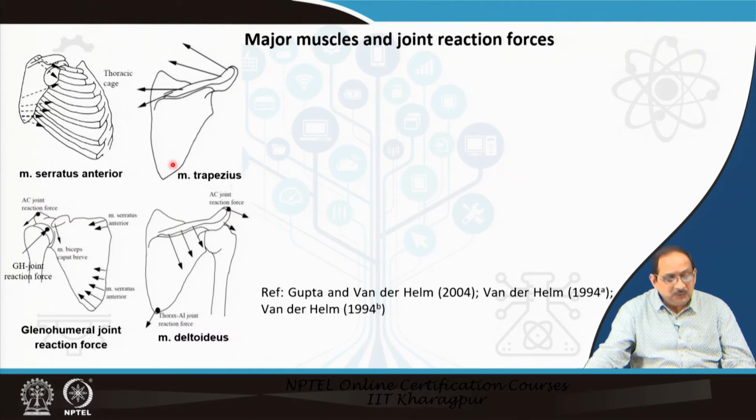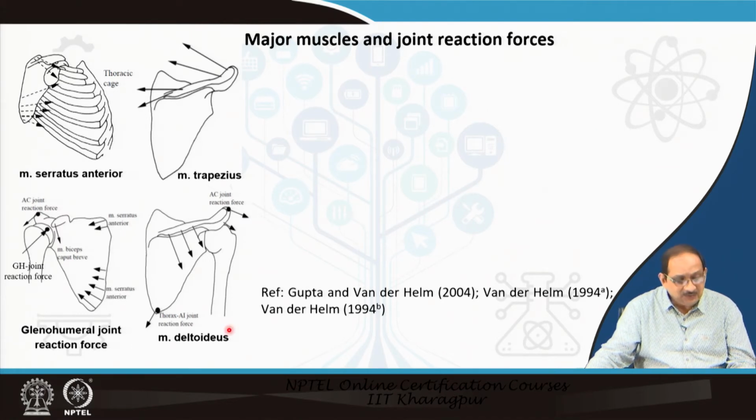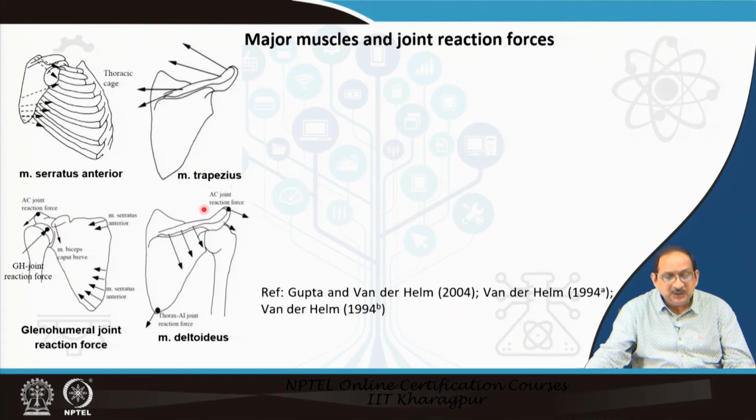Now, let us come to the action of two very important muscles, trapezius and deltoid. Each of these muscles is represented by 6 lines of force, and both are attached to the scapular spine, one on the superior side and the other on the inferior side. But the actions of these muscles are opposite in direction.